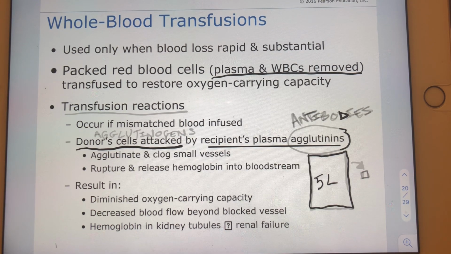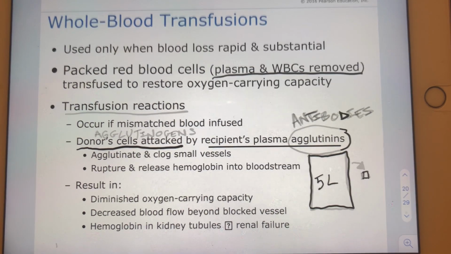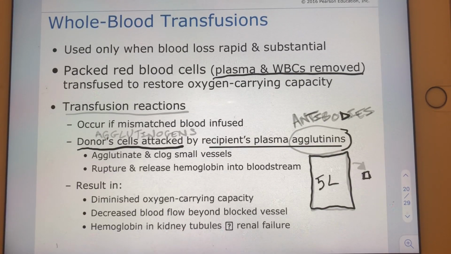And let's say this small box represents the amount of blood coming from the donor. Well, which box has the greater impact on the other? Is the small box going to have a huge impact on a much bigger box, or is the much bigger box going to have an impact on the much smaller box? Well, the much bigger box has a much bigger impact.